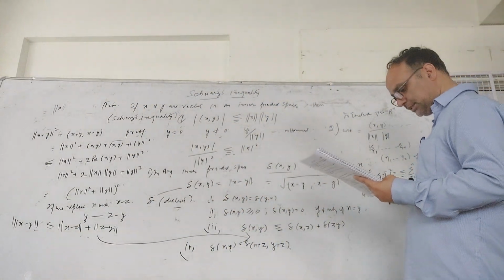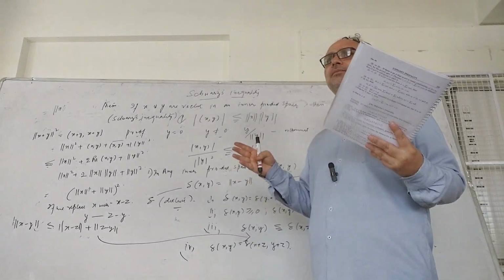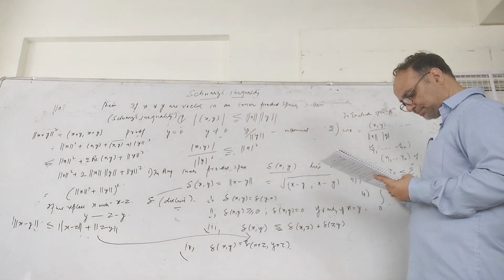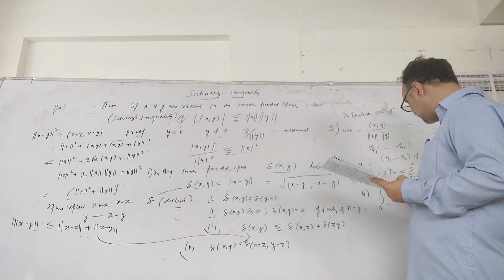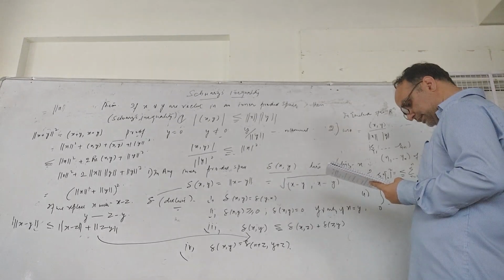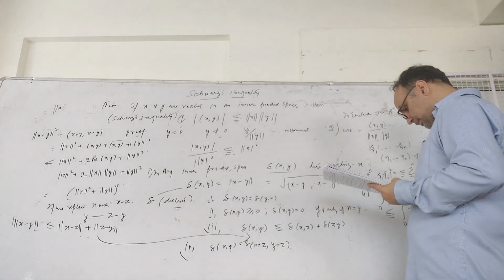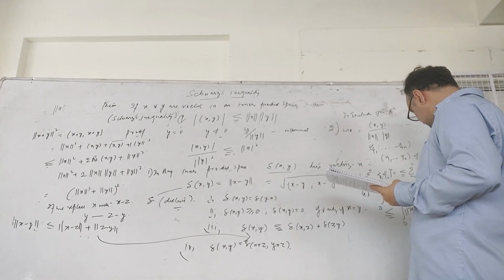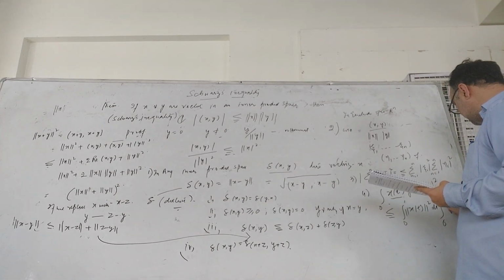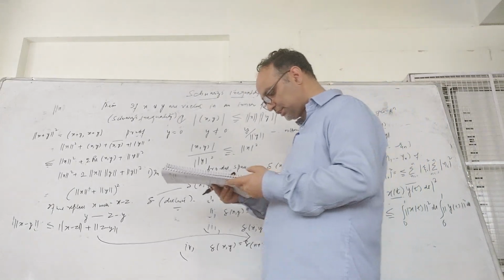This is the second property, this is the third property, and the fourth property is: if you define that space in some finite dimensional space with an integrand between 0 and 1, then the integral of x(t) times the conjugate of y(t) dt, whole square, is always less than or equivalent to the integral of x(t) square dt times the integral from 0 to 1 of y(t) square dt. So this is another way of writing Schwarz inequality.